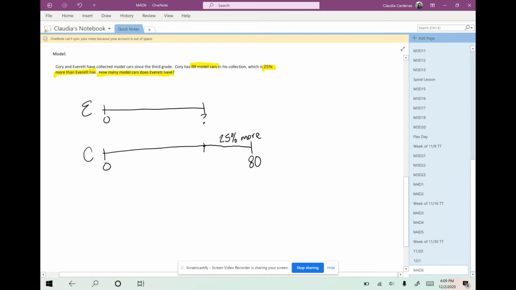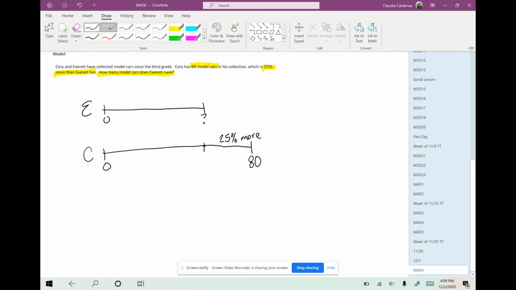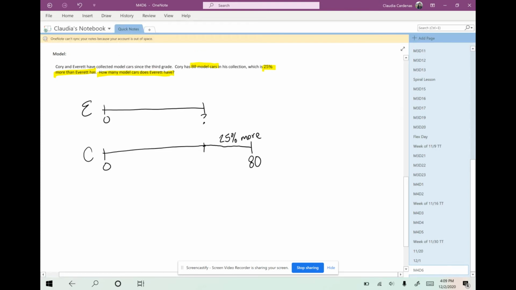So we also know that whatever Everett's amount is, it is 100% of Everett's total, right? So if Corey is 25% more than that, that means if this is at 100%, the length of the number lines are the same. So if this is 100% and then he's 25% more than that, how are we going to find his percentage?